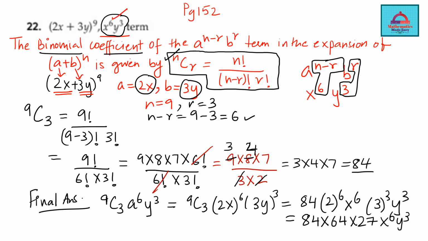So we need the coefficient of this. That means we need this big number, and when you multiply all of it using your calculator, it will come out to be 145,152. So that's the binomial coefficient.